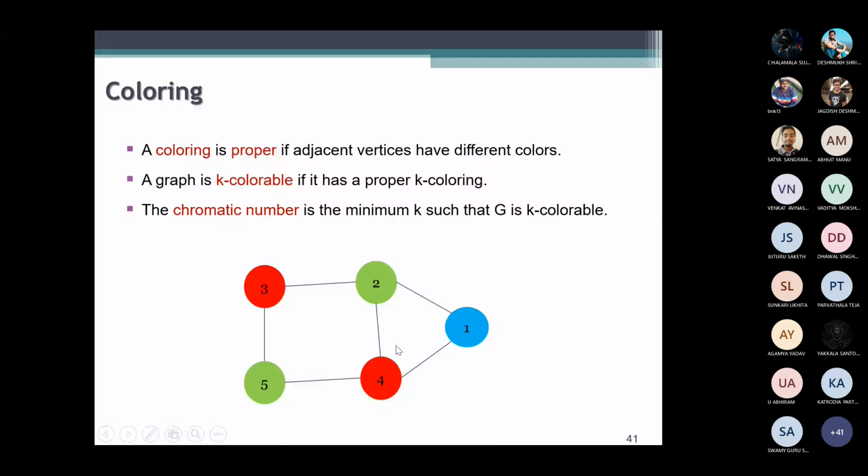It is also 3 colorable as follows. So 3 4 receive the same color, 2 5 the same color, and 1 receives a different color. But it is not 2 colorable. So the minimum value of K is 3, for which it is 3 colorable. So its chromatic number is 3.